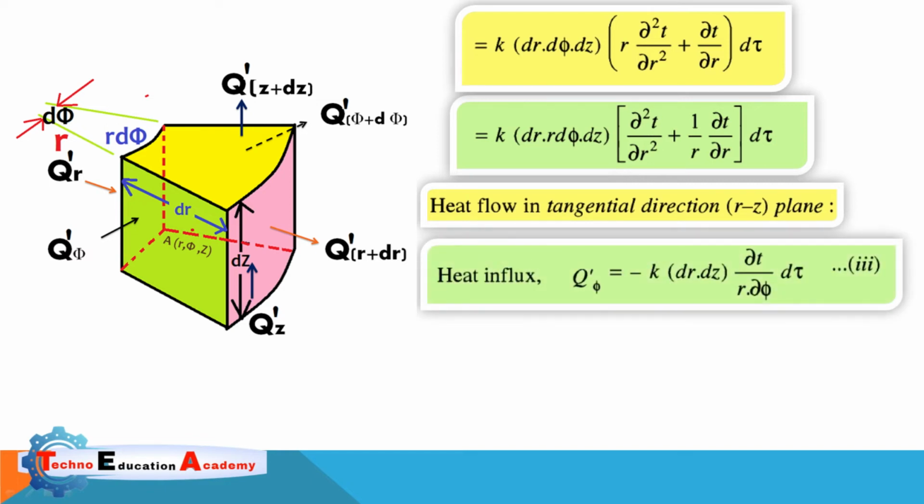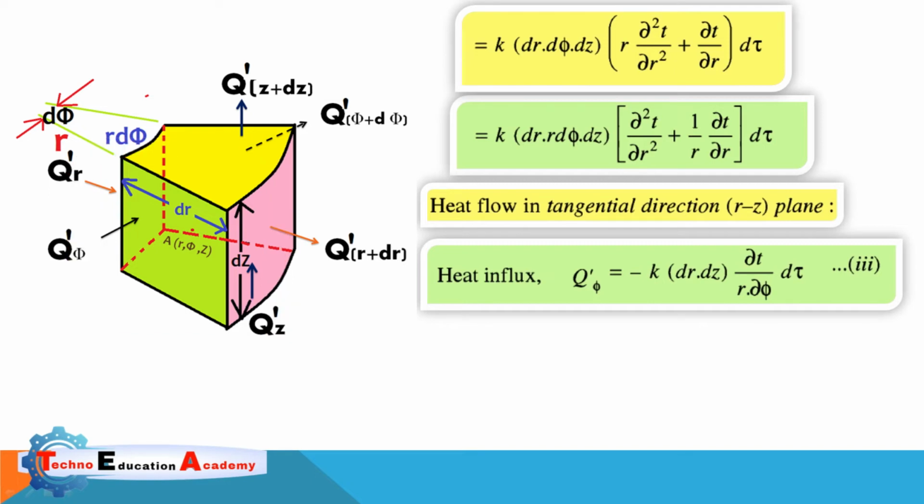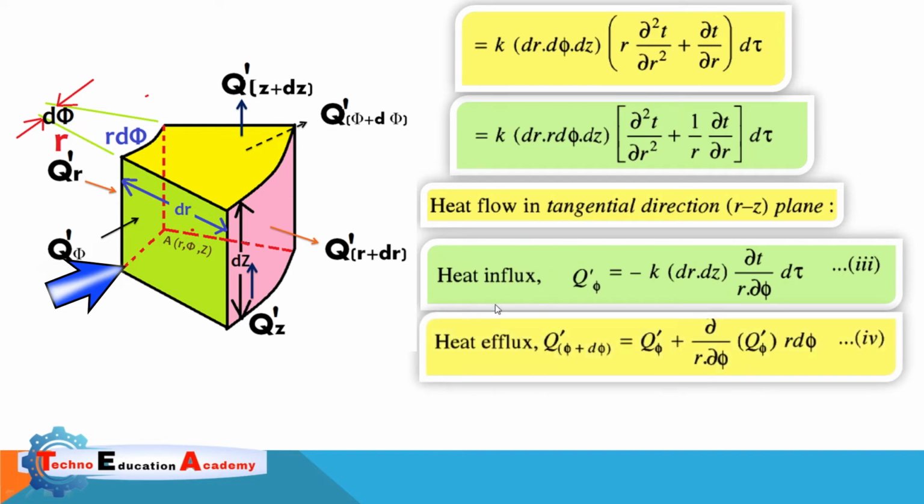So in the tangential direction, rz plane, this is r and this is z, and the heat transfer perpendicular to the rz plane is q dash phi. So heat influx q dash phi, according to the Fourier law, q equal to minus k dt by dx. We use the minus sign because heat is transferred from higher to lower.